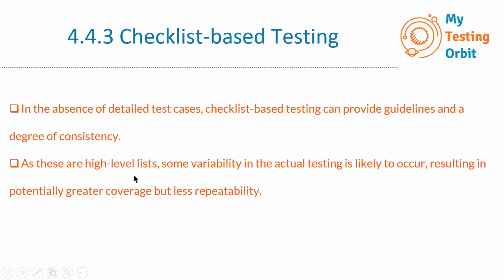As these are high-level lists, some variability in the actual testing is likely to occur, resulting in potentially greater coverage but less repeatability. One way is that we don't have any checklist, we are just randomly going through the system, which we called exploratory testing. In that, because we don't have anything documented, it's quite likely that we are repeating the same tests, going through the same journey again and again.